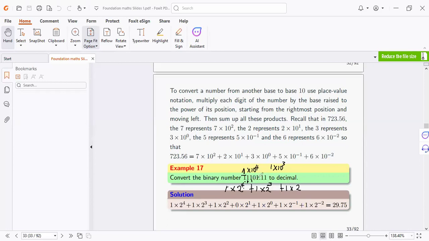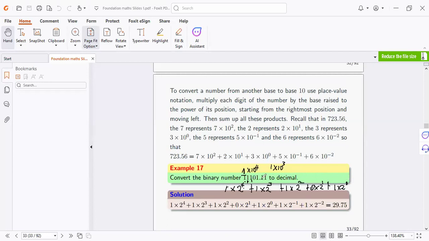So this would be 2 raised to 2. Then plus the next number, which is 0. Of course, 0 multiplied by anything would be 0. But what is the place value? This would be 1. And then plus the last number here, 1 times 2 raised to 0.